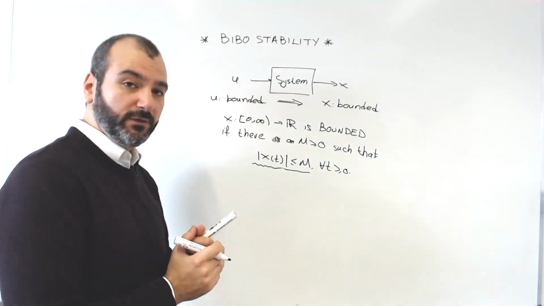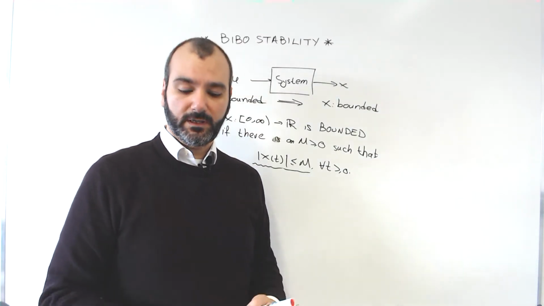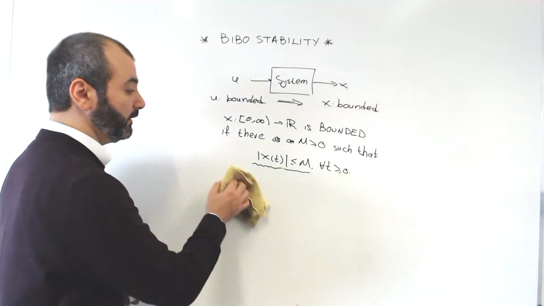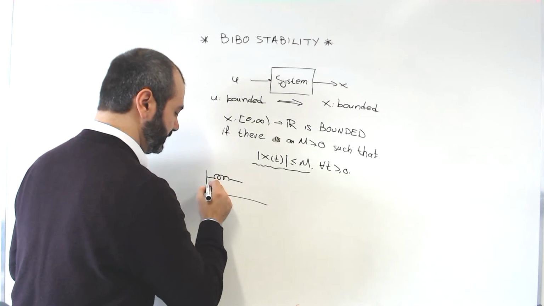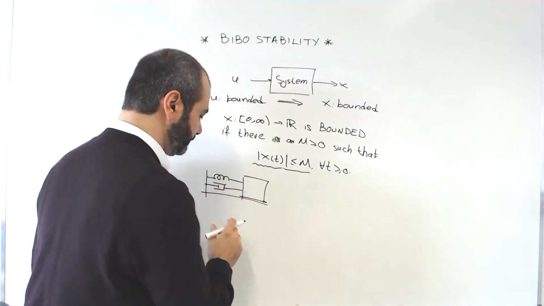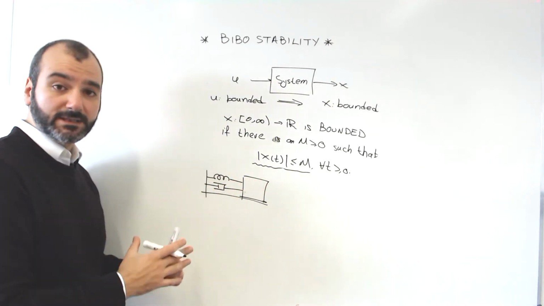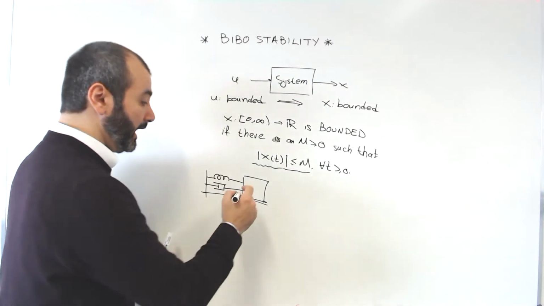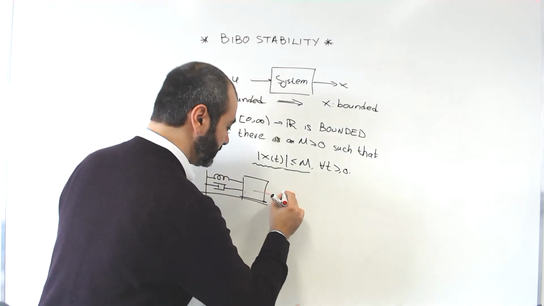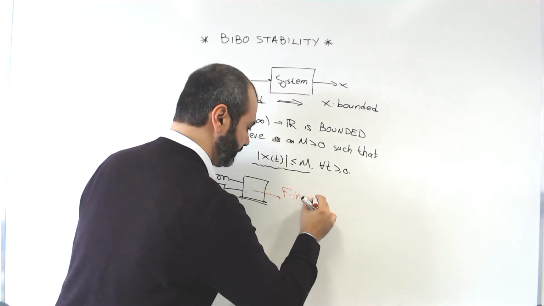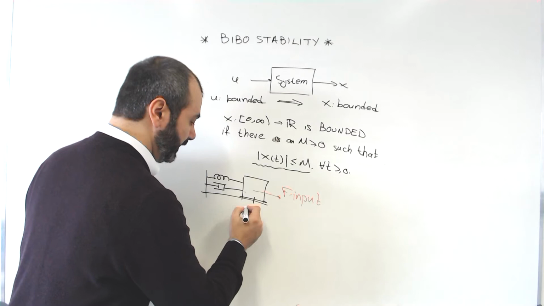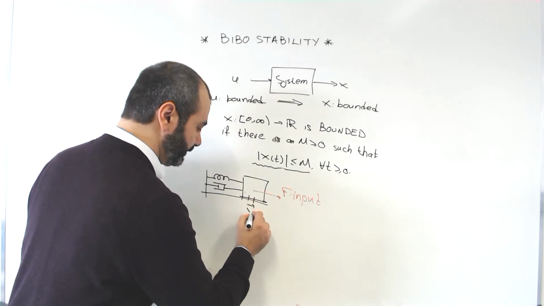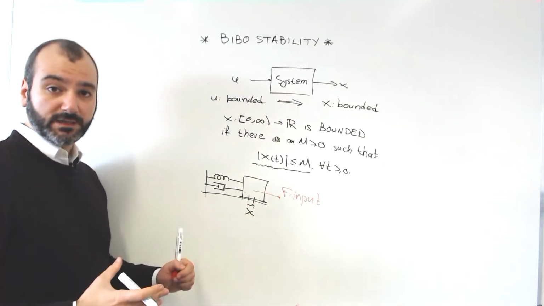Now I want to give you an example to demonstrate the concept of BIBO stability. An example from physics. Take this spring mass damper system, and we apply a force here, so the force is the input. And the output variable can be the displacement x from the rest position.